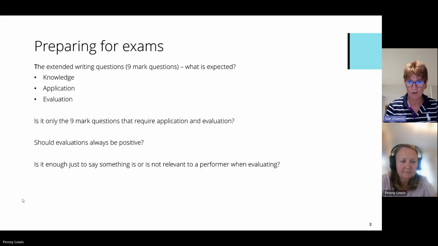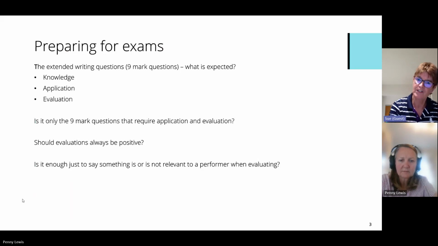Very often we'll see responses that tell you absolutely everything from a knowledge perspective about a particular topic, but due to the way the extended responses are set up, we are only allowed to credit that to a maximum of 3 marks, and that's indicated in the specification.